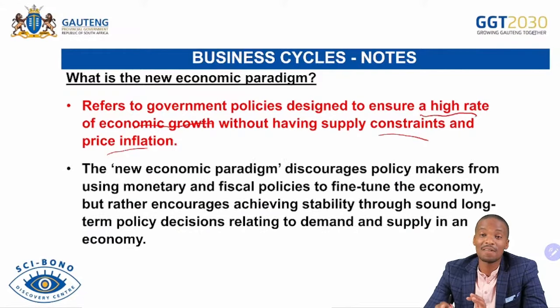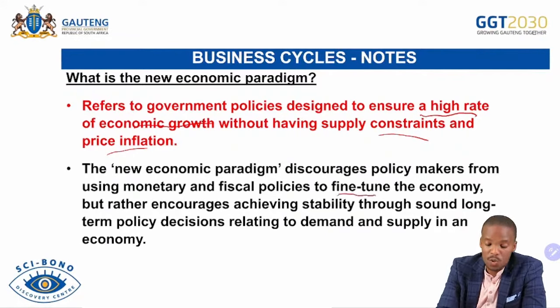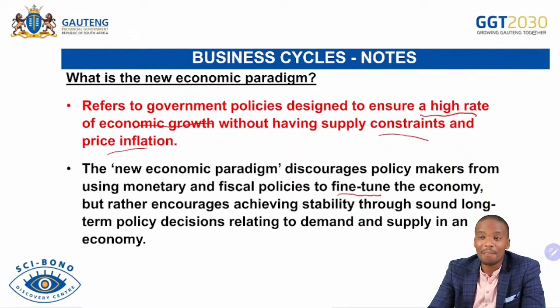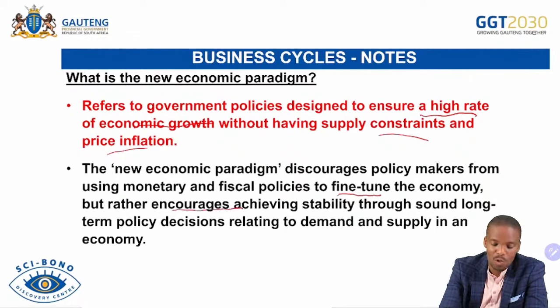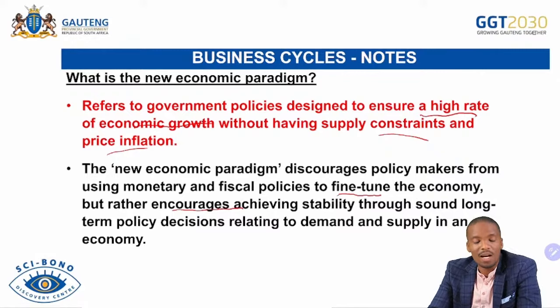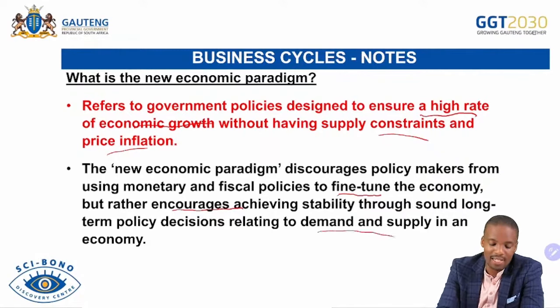If we explain it further, it discourages policymakers from using the monetary policy and the fiscal policy to fine-tune the economy, but rather encourages them to achieve stability through sound long-term policies and decisions relating to demand and supply.